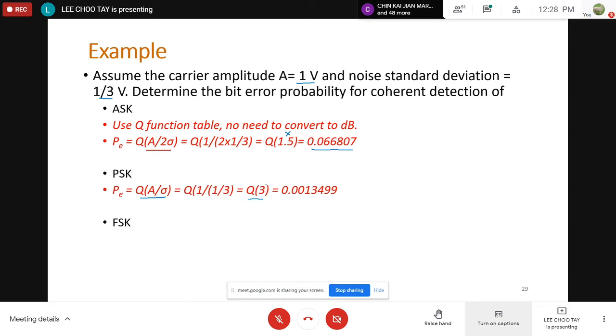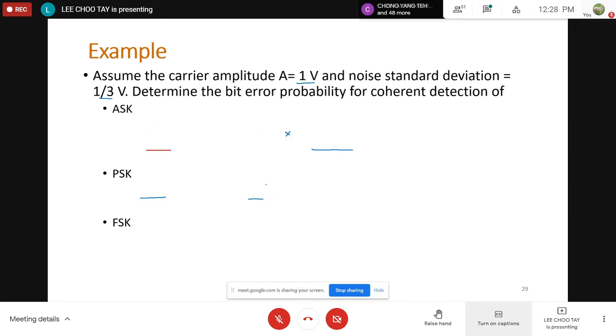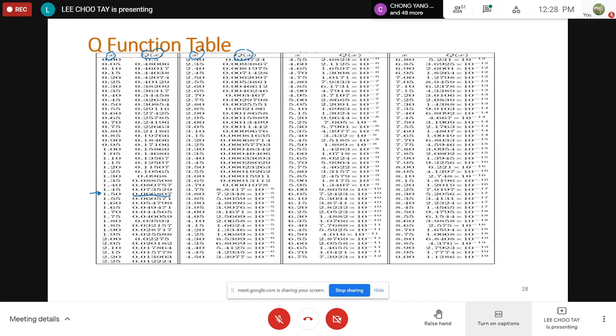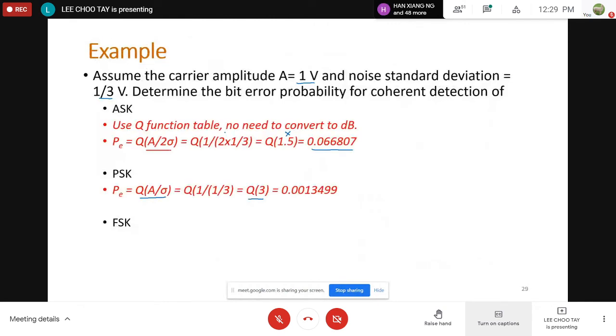Again, refer back to the Q function table and look for X is 3. X is 3 here, and therefore Q of X is 0.0013499. So that gives you the probability of error of 0.0013499.